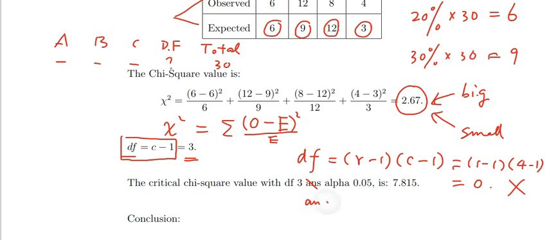The critical value is determined by the degree of freedom and alpha. So we find the number is 7.815. Judged by this, we can say this number, 2.67, is a small number.